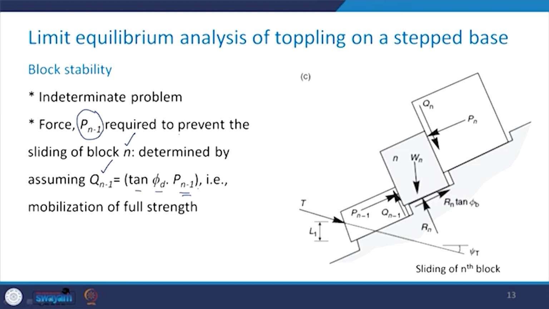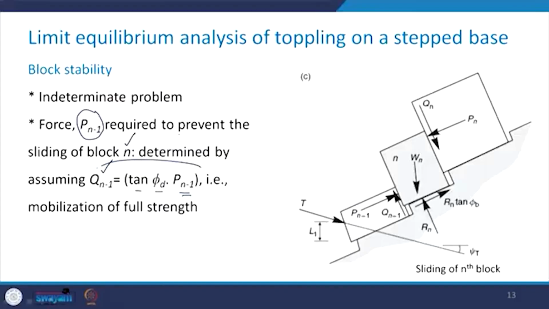That means it is assumed there is full mobilization of the strength, because if that full mobilization is not there, this condition will not be satisfied. Considering this, the magnitude of Qn minus 1 would be known, which reduces the number of unknowns and the problem becomes determinate.